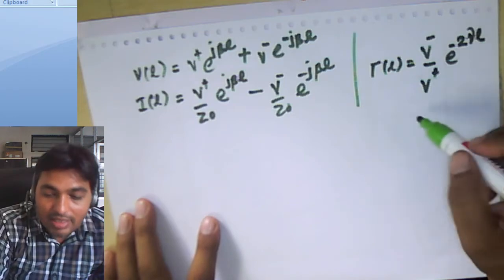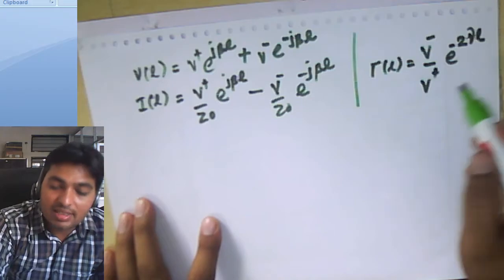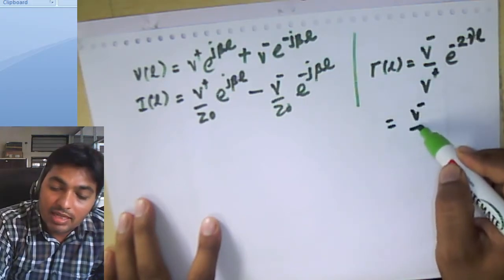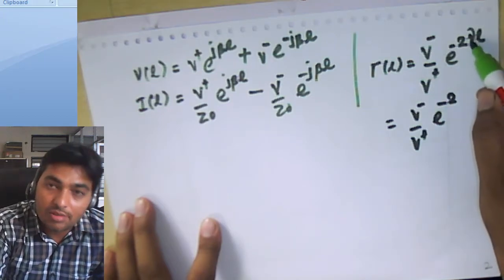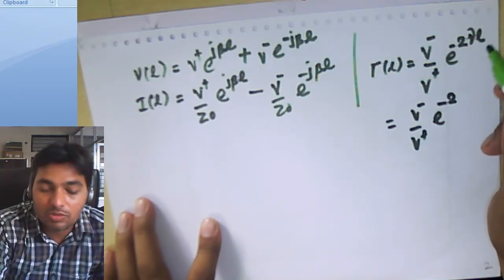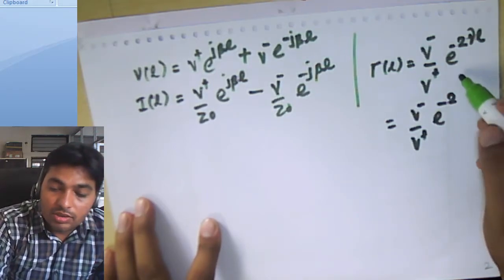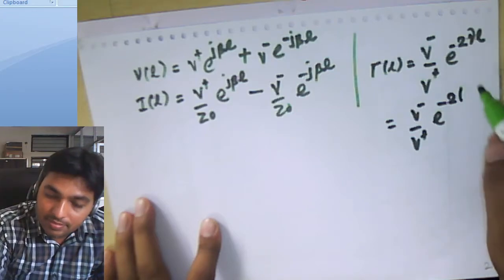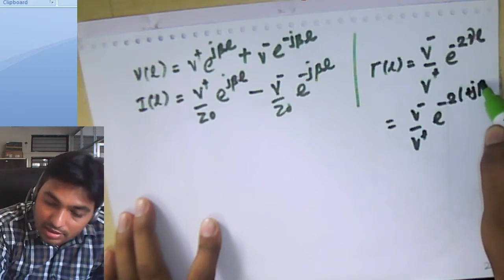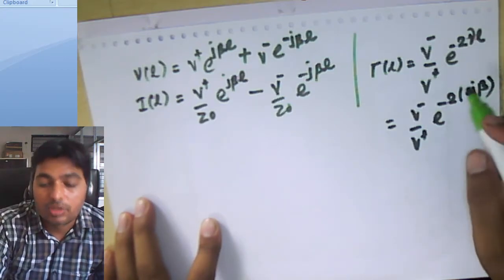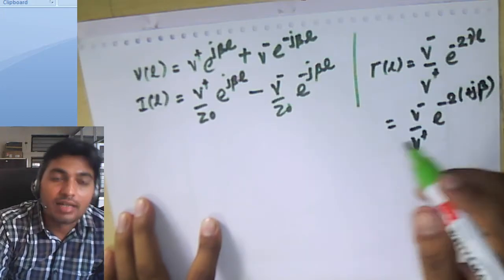Once again, if we take only the lossless line, it will be V minus divided by V plus e raised to minus 2 gamma L. Instead of gamma we have alpha plus jβ, and alpha is equal to 0, so it will be e raised to minus 2jβL.